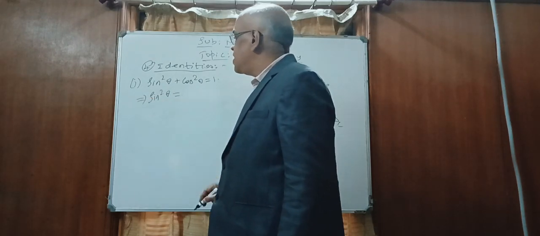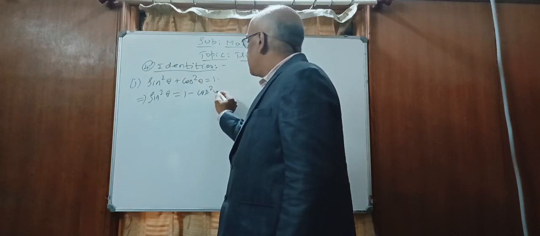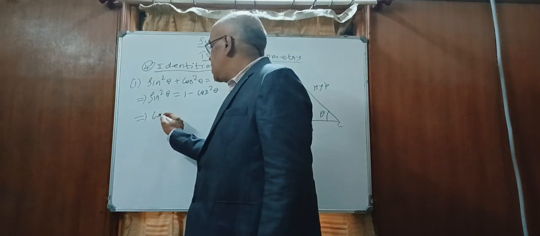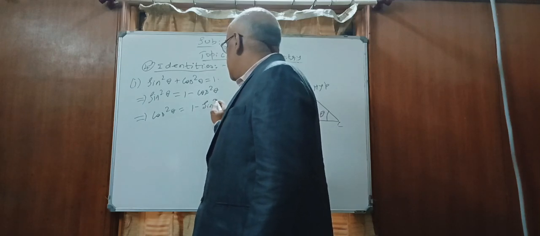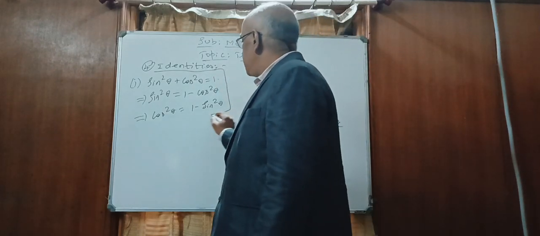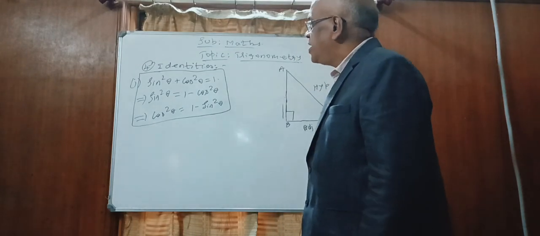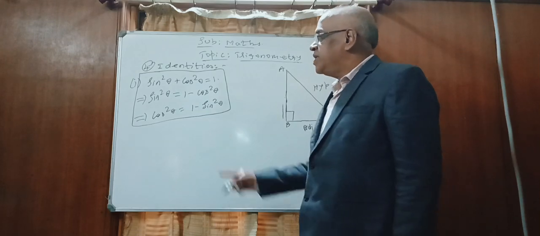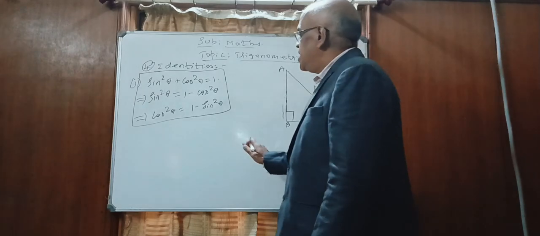Sin square theta can be written as 1 minus cos square theta, bringing cos square theta to the RHS. Similarly, cos square theta can be written as 1 minus sin square theta. Proving or not, they will not ask in the exam. First identity: sin square theta plus cos square theta is equal to 1. Implies sin square theta is equal to 1 minus cos square theta, and cos square theta is equal to 1 minus sin square theta.